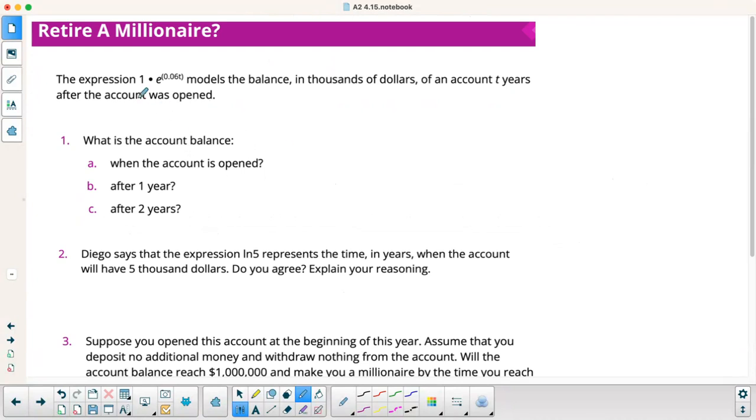All right, so here's an expression. 1 times e to the 0.06t models the balance in thousands of dollars of an account t years after the account was open. What is the balance when the account is open? So that means we're going to let t equal 0. You could think of this as the initial value, and this is your growth rate.